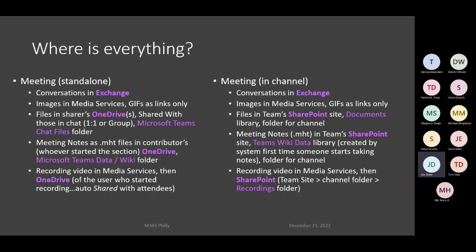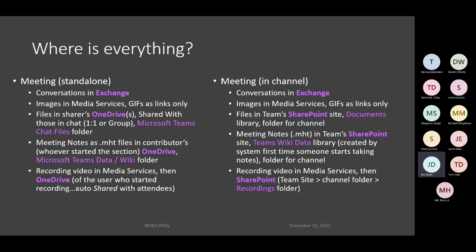If someone takes notes in meeting notes, when the meeting with a wiki tab gets created, then those meeting notes are in an MHTML file in the OneDrive of the person who started the section of the wiki, in a Microsoft Teams data folder, and in a folder inside that called wiki.